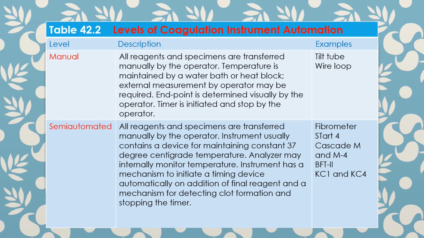Manual: all reagents and specimens are transferred manually by the operator. Temperature is maintained by a water bath or heat block. External measurement by the operator may be required. The endpoint is determined visually by the operator. The timer is initiated and stopped by the operator. Examples: tilt tube, wire loop.